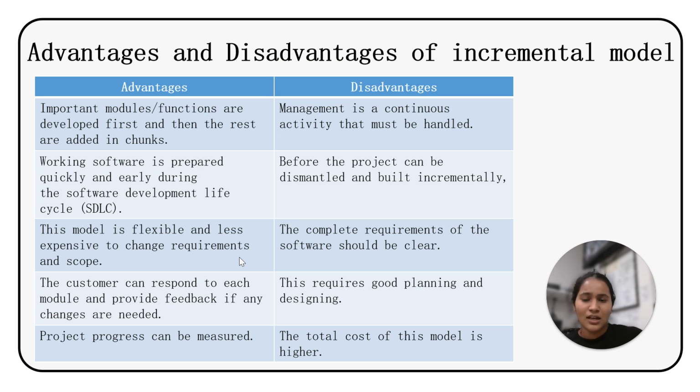Now, let's discuss the next model, which is the Agile model. The Agile model is a combination of iterative and incremental models. In the Agile model, focus is given to process, adaptability, and customer satisfaction.